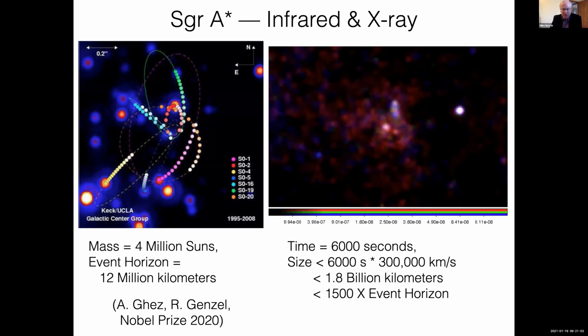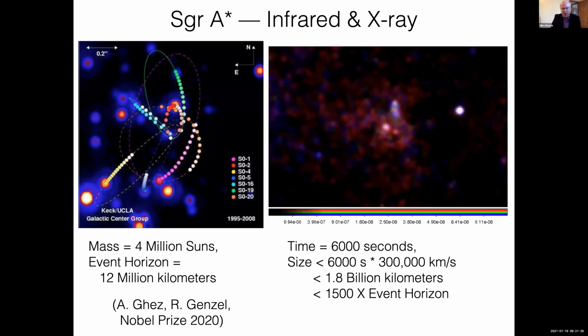Very good. I was showing here the X-ray observations of Sagittarius A*. We can see it blinking on and off, and the time scale of this blinking gives an idea of the size of the system. It's consistent with being a very compact region, only a few times larger than the event horizon of the black hole.